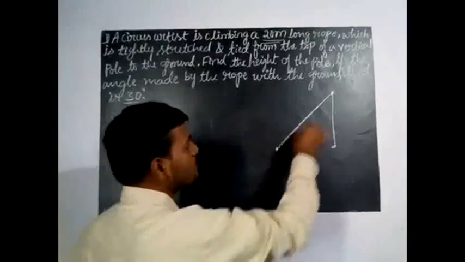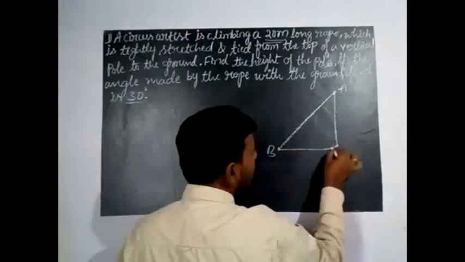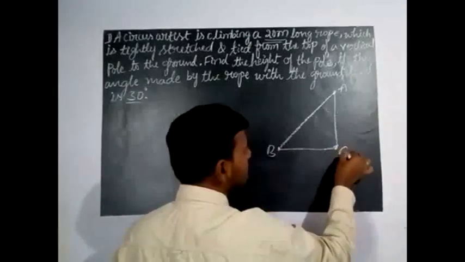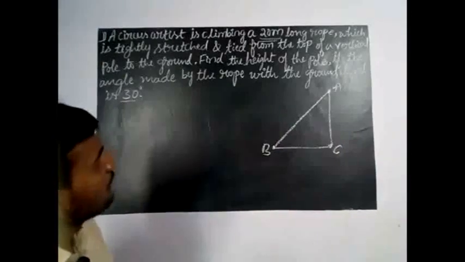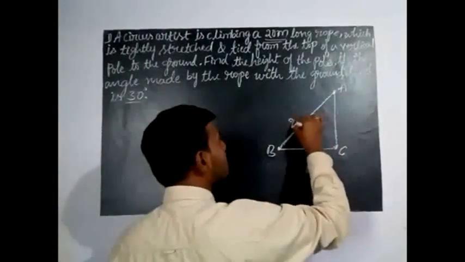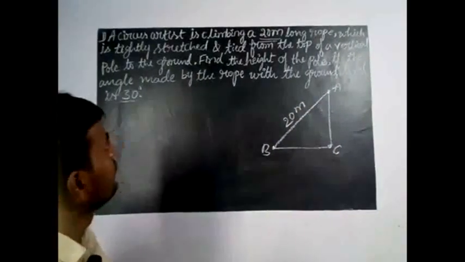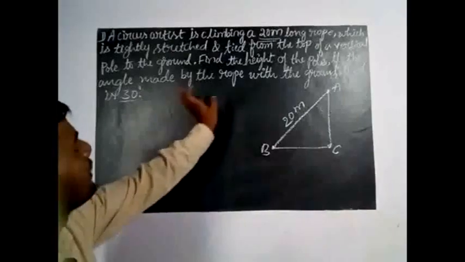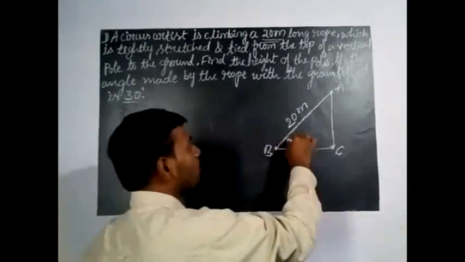So let us take the points as A and B, and this distance is taken as C. Here what they have given is a 20-meter long rope. That means the length of the rope is given, that is 20 meter. The rope makes an angle of 30 degrees with the ground.